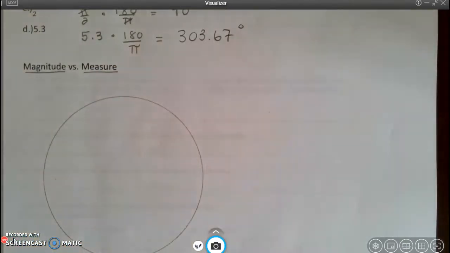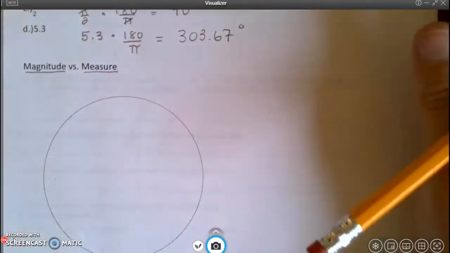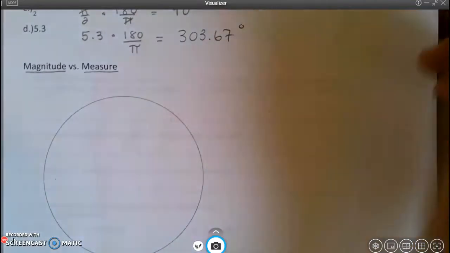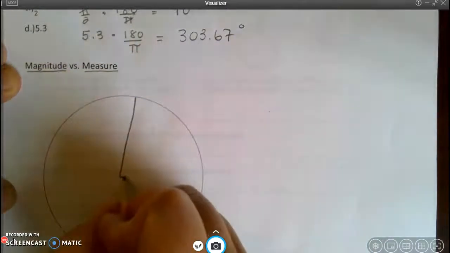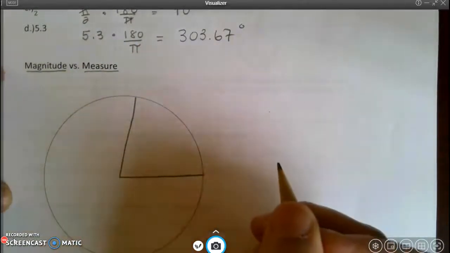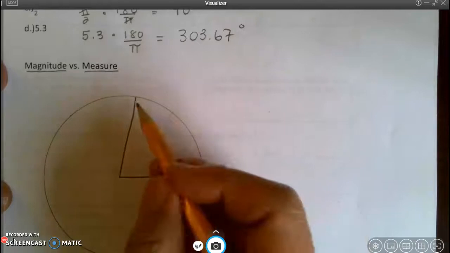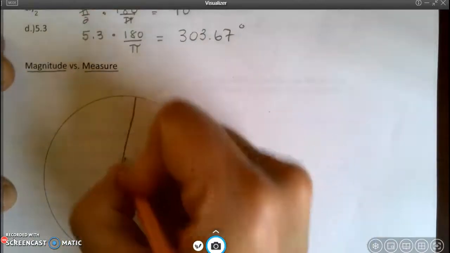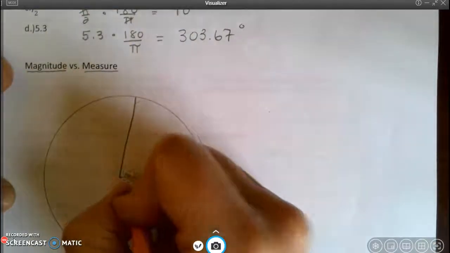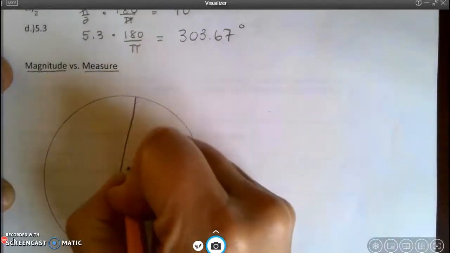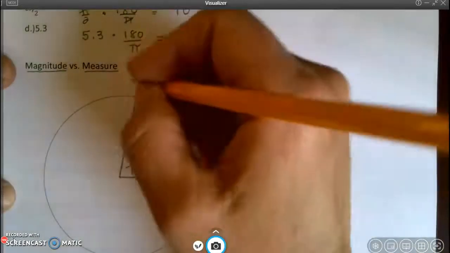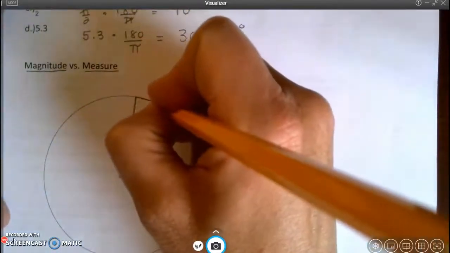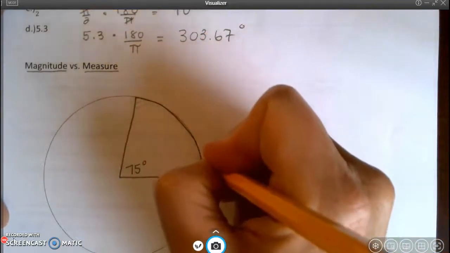Okay. Now let's talk about the difference between magnitude and measure. When we talk about the magnitude of something, that's when we're using degrees or radians, for instance. If I wanted to look at this angle here, let's say that this was a 75-degree angle, and I want to differentiate here.